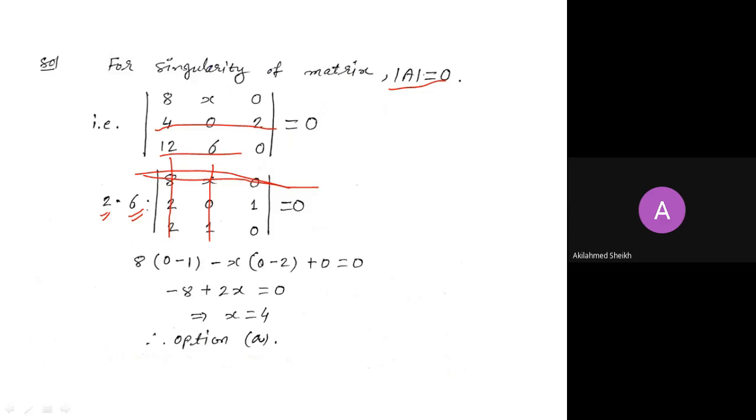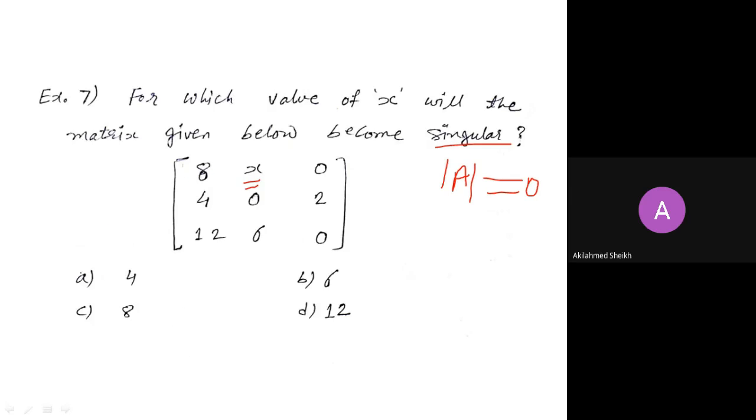Now it remains 6 into 12, and 12 is a non-zero term, so dividing both sides by 12 we get the same equation. Multiplying by minus 8, it becomes minus 8 plus 2x equal to 0. When simplifying, 2x equals 8, so x equals 4. The answer is the first option, x equals 4.